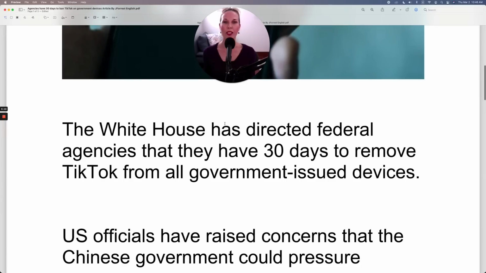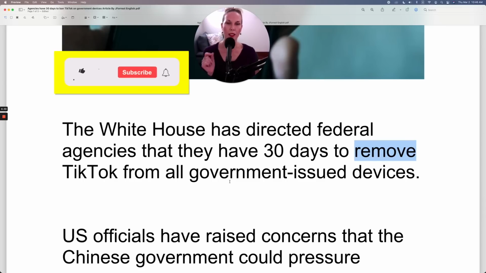The White House has directed federal agencies that they have 30 days to remove TikTok from all government-issued devices. So again, here, they're removing TikTok because the government has banned TikTok. I could say that as just a statement.